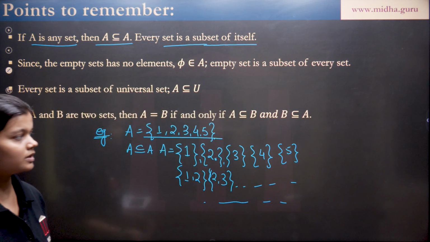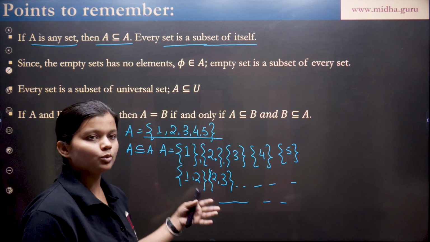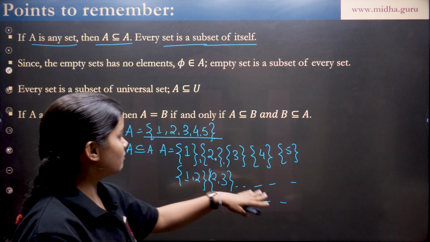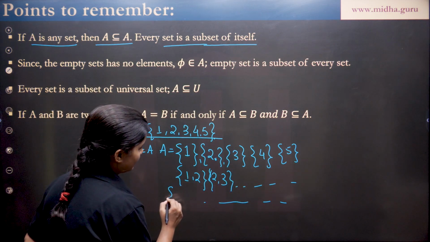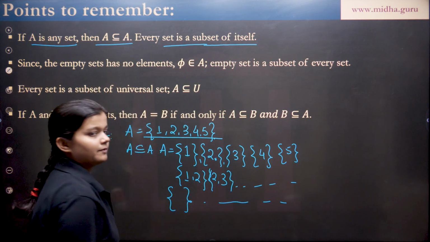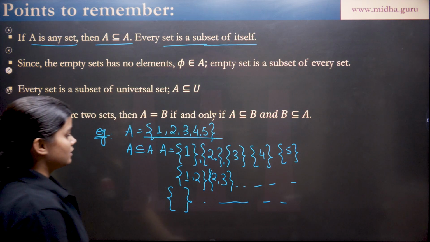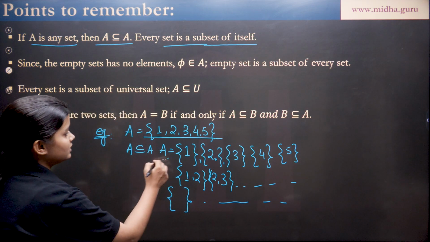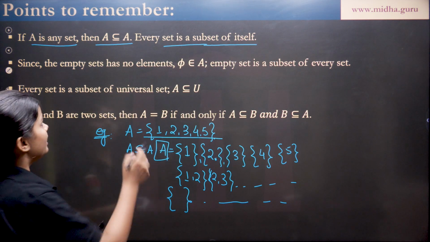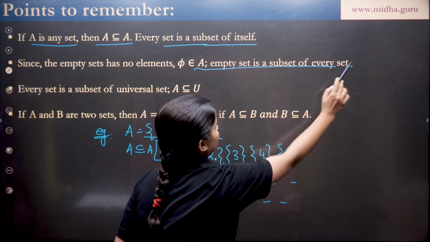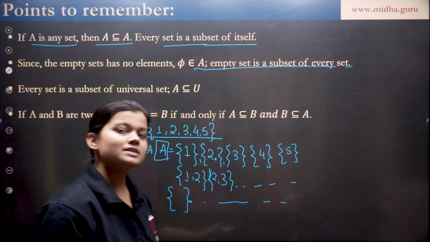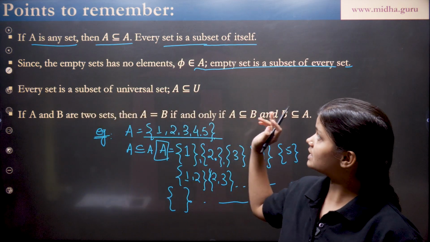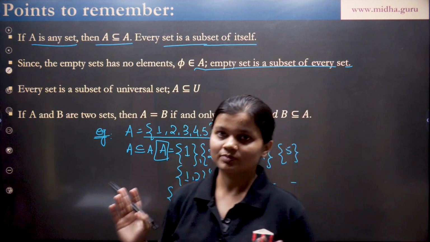We will later on discuss how to find the total number of subsets. Despite all these, there is one more set that belongs to A, which is an empty set, right? There is an empty set also which can belong to this set A. So empty set is a subset of every set. Every set is a subset of itself, and empty set is also the subset of every set.